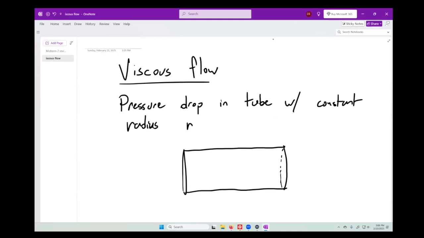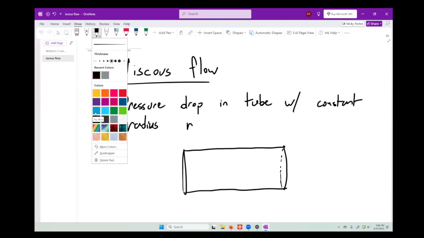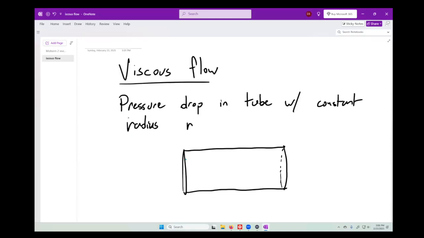I've gotten several questions from people about how we treat the case where the radius is not constant. We actually can't, using the formula that we have. In general it would be a lot more complicated to account for the radius of the tube changing. So Poiseuille's equation is only for the specific case where the radius stays constant.